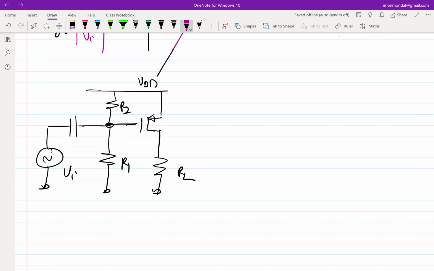this RL is not an explicit RL. This RL can be a reference to something else. For example, take the example of the speaker. You have an amplifier which pushes a diaphragm.